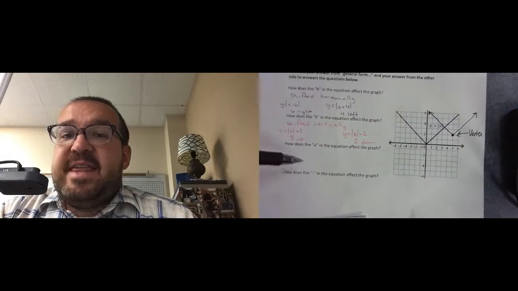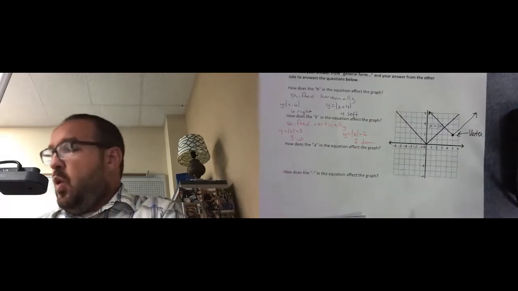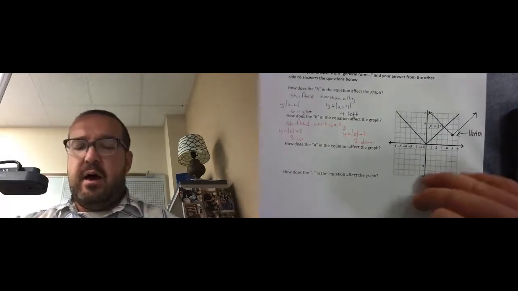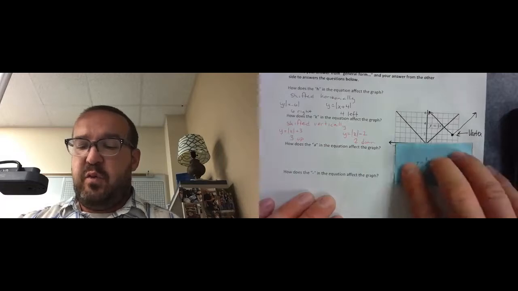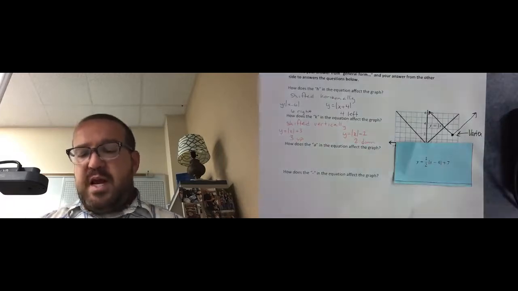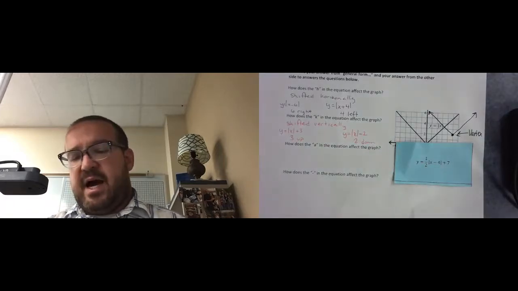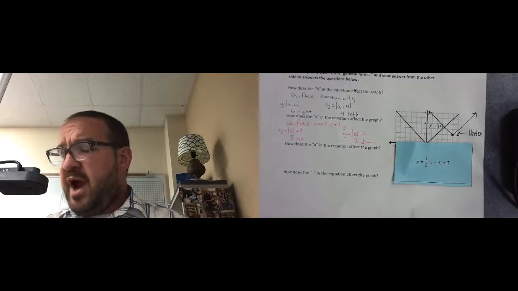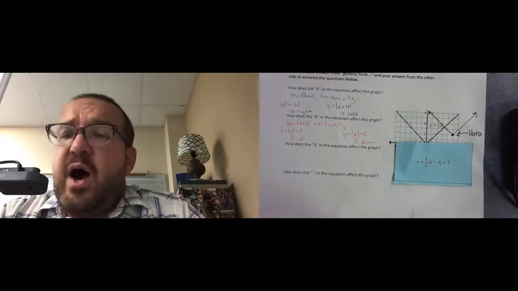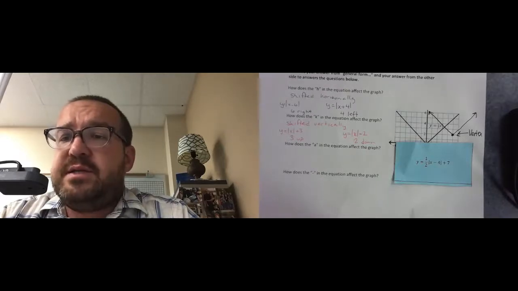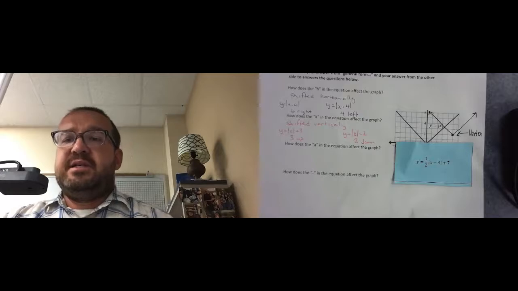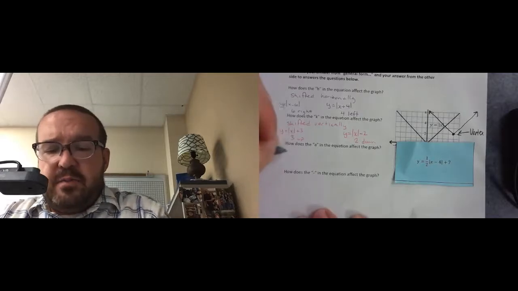All right, the A, this is important. You may have seen some type of fraction, and this could also be true for an integer. The A talks about how wide or narrow the graph is.